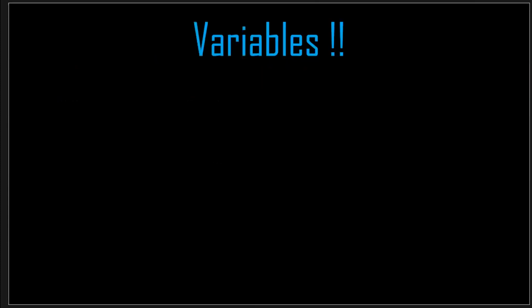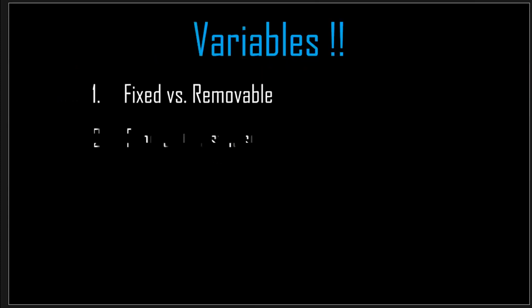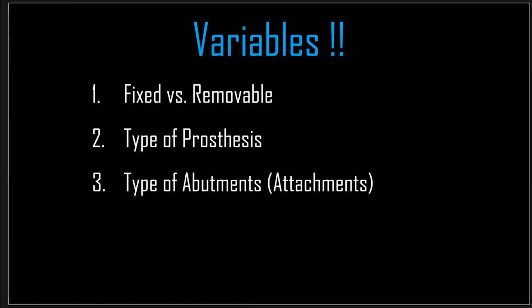So if we go through the variables here to start, are we giving them a fixed prosthesis or a removable prosthesis? What is the type of prosthesis? Is it going to be a bar overdenture? Is it going to be a locator overdenture? Are we replacing the pink when we're giving them the fixed restoration? Are we putting abutments on it? Are we going straight down to the implant level, or are we putting multi-unit abutments on?